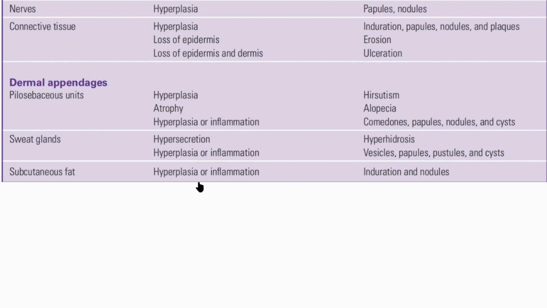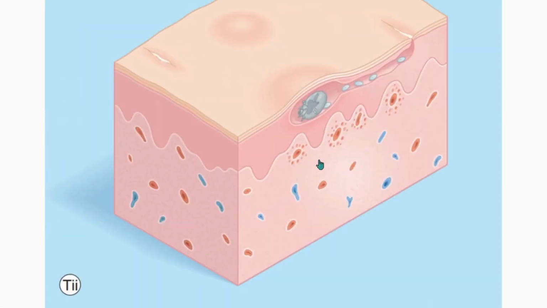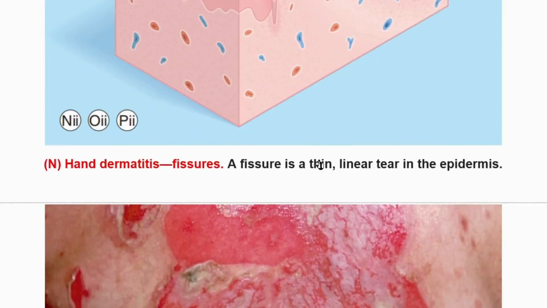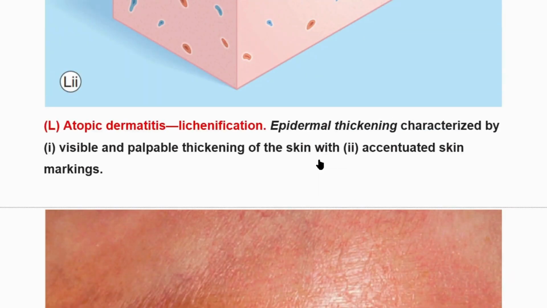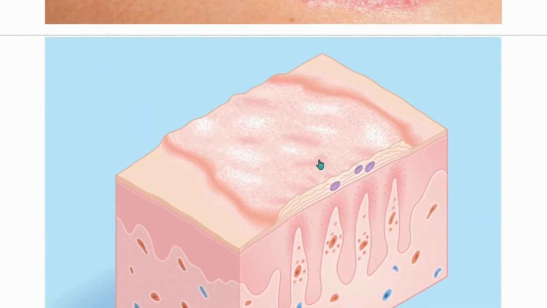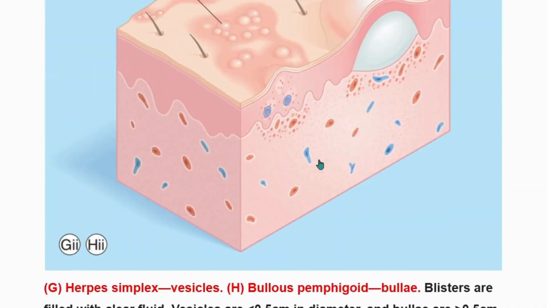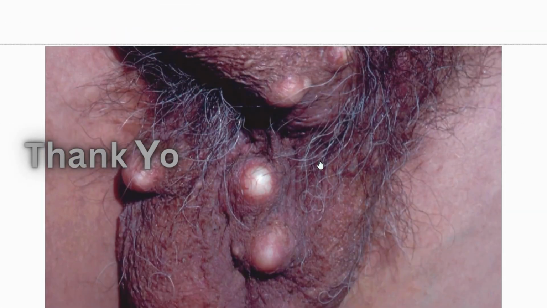In subcutaneous fat, we can see hyperplasia or inflammation, and the clinical manifestation can be induration and nodules. Okay, this was a short explanation of skin lesions and the presentation of different pathology on the skin lesions. Thank you for your attention.